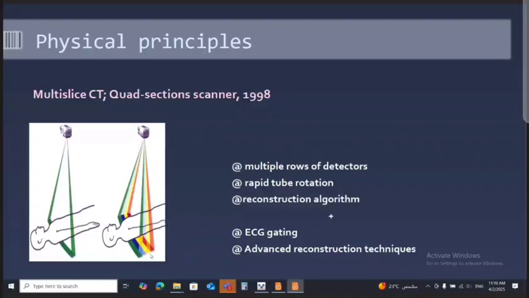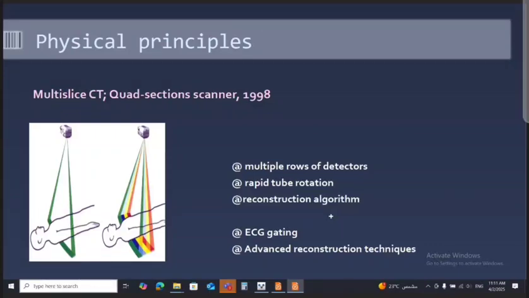We started with 4 detectors, and the number has developed now up to a very large number of detectors. The tube rotation was also more rapid as compared to the single row detector machines.